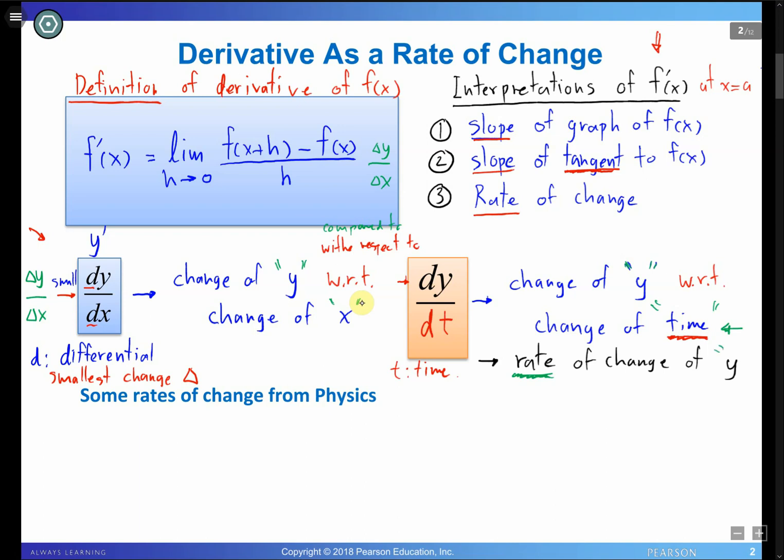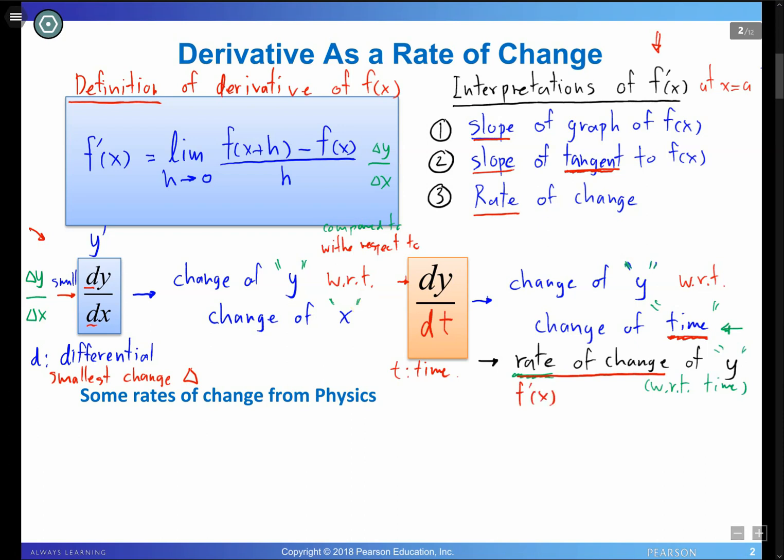Once again, and of course we have this hidden with respect to time. Same meaning. Change of y with respect to the change of time, or the rate of change of y alone. Now the key word is right here, rate of change. And it's going to correspond to derivative f prime of x.